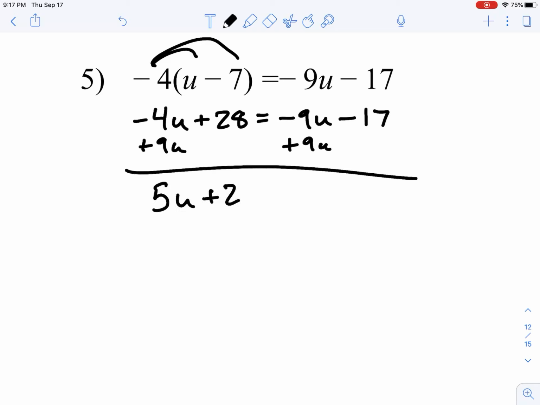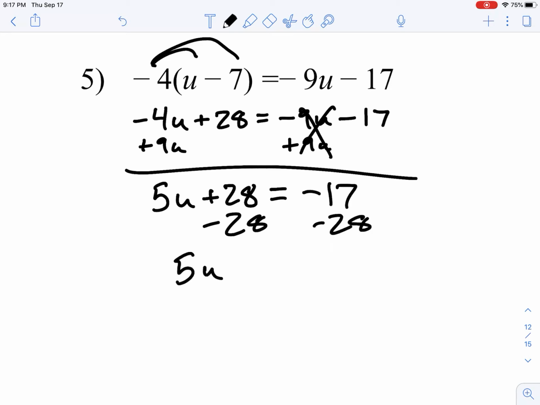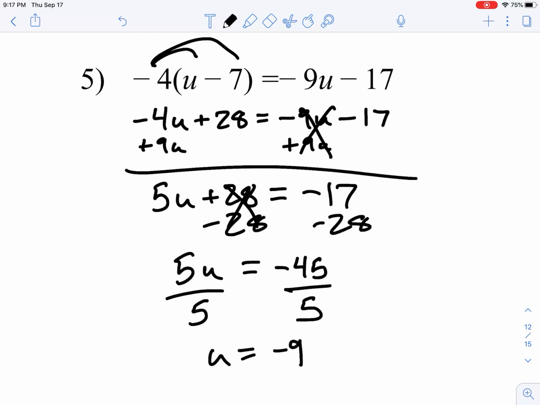We should get 5u plus 28 equals, those are gone, -17 minus 28 minus 28. 5u, those are gone, equals, what is that, -45? Divide by 5, divide by 5, u equals -9.